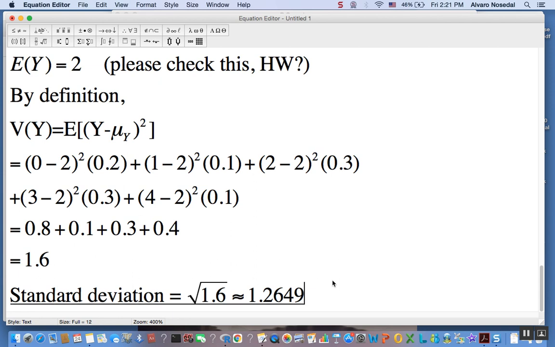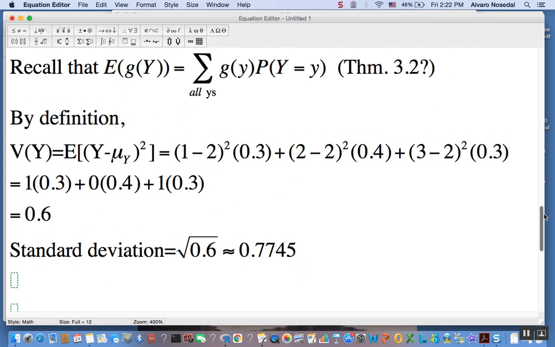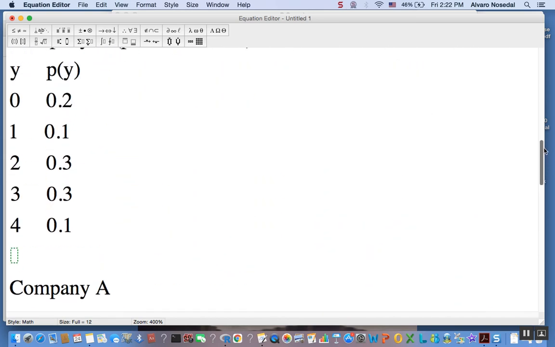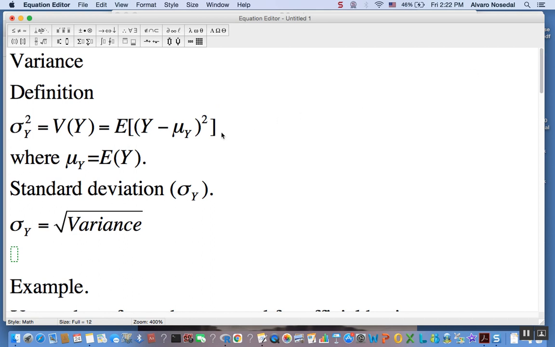So let's summarize what we did today. We defined the variance as a special expected value, the expected value of a transformation of the original random variable y. This is the definition.